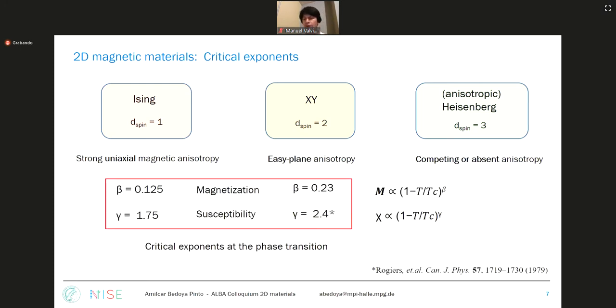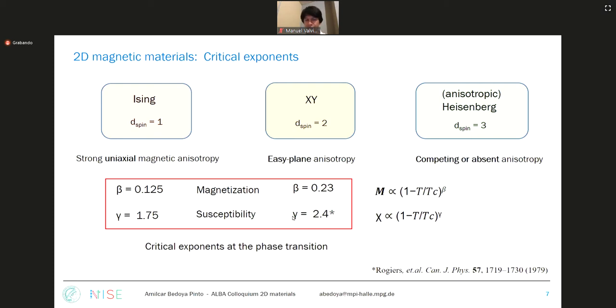So a second way to distinguish these three magnetic universality classes is to look at the phase transition. That's another way to distinguish them experimentally, because each type of magnet will have particular critical exponents at the phase transition.